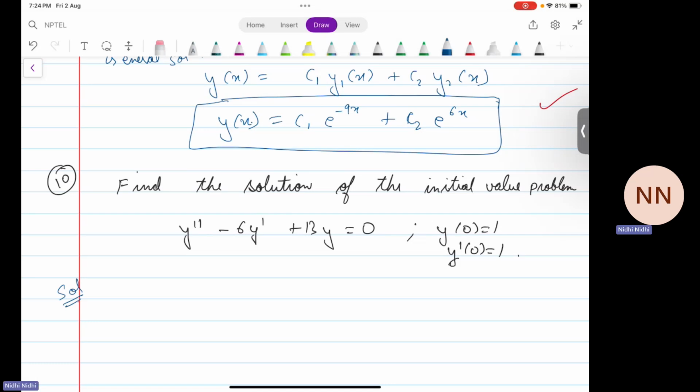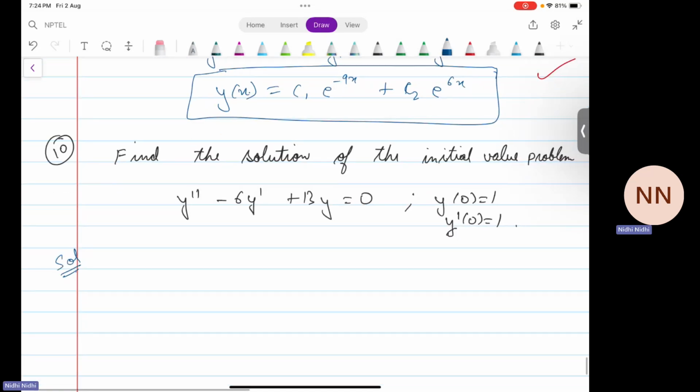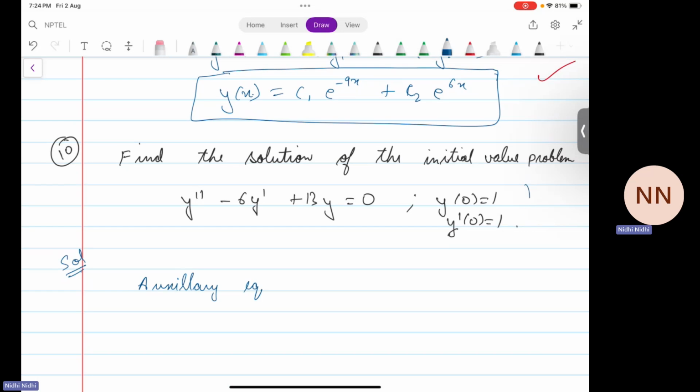So here I'll directly jump to the auxiliary equation. You all can easily see that the auxiliary equation would be given by a square minus 6a plus 13 is equal to 0. So now we can solve this quadratic equation.